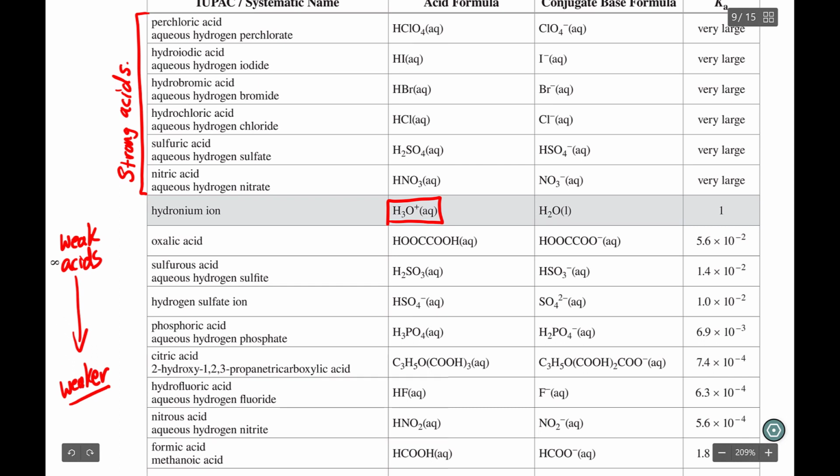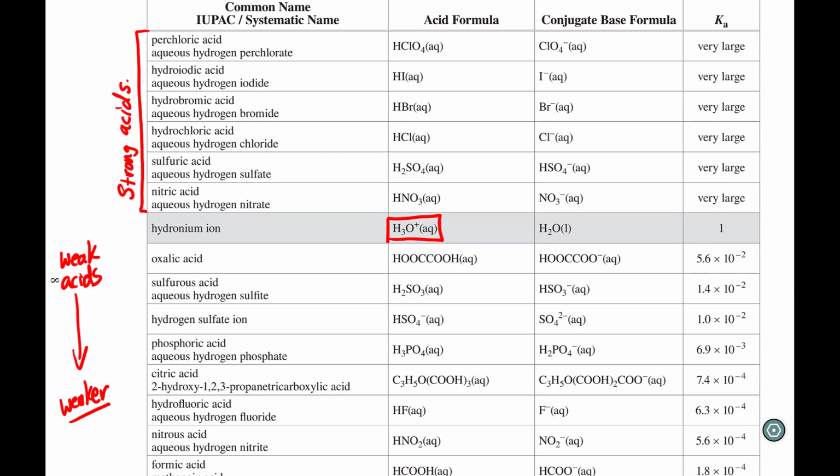So what you'll notice is there's a value here on the right-hand side, and I'm not going to explain it in total detail, but it essentially tells you how forward the reaction goes or how much hydronium is being produced. Now for the strong acids, the Ka values are so big they don't even put them in because it's essentially almost infinitely forward. Whereas when you look at the top of this weak acid section, the first value is less than 1, and so essentially this reacts with water less than 50% forward, and it doesn't produce a ton of acid.